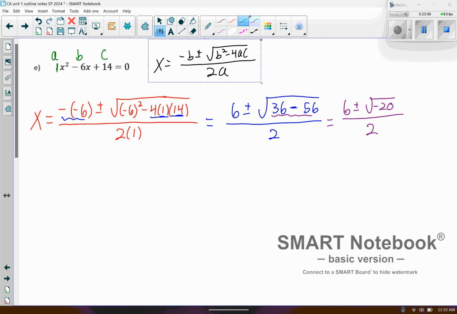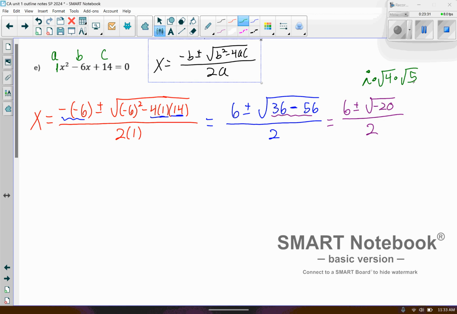Okay, so we have that negative value inside the radical right here. And so what we're going to have to do is an i is going to come out. And then also we're going to want to break the 20 apart into the square root of 4 times the square root of 5. So the i comes from the negative value inside the radical.